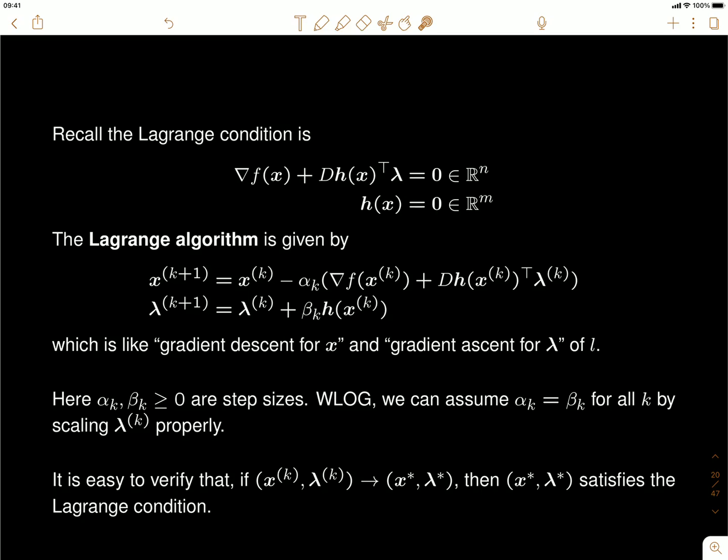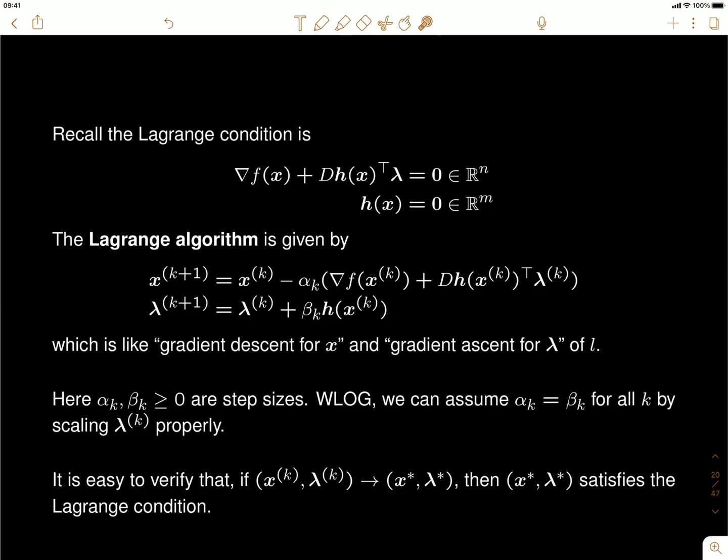But the lambda needs to be figured out as well. In this case, we also need a gradient for lambda. We're going to update lambda k by doing this computation. We add this term to lambda k with the step size beta k. So this is like gradient ascent.